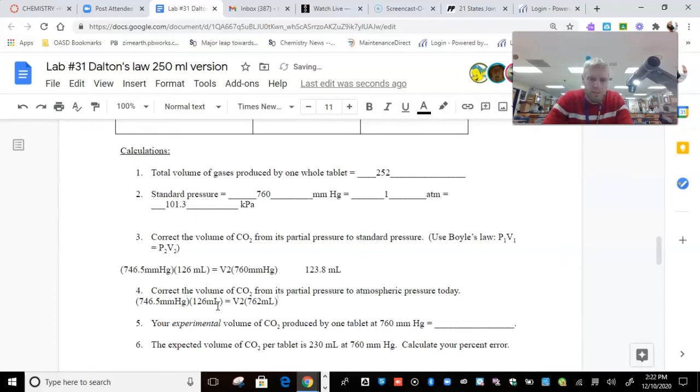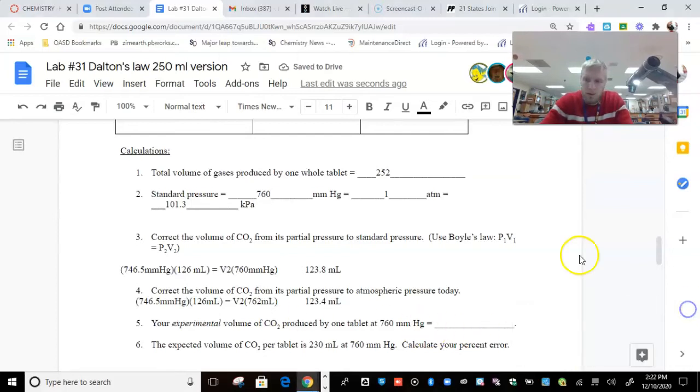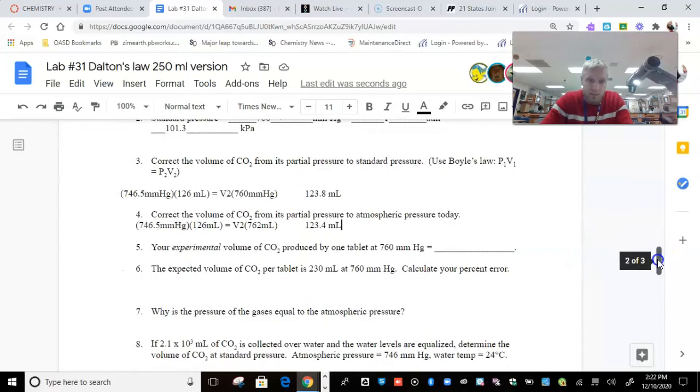I'm going to do 746.5 times 126, divide both sides by 762, and I'm going to get 123.4. So it's a little bit less than standard conditions, very similar, because we're almost at standard pressure right now.